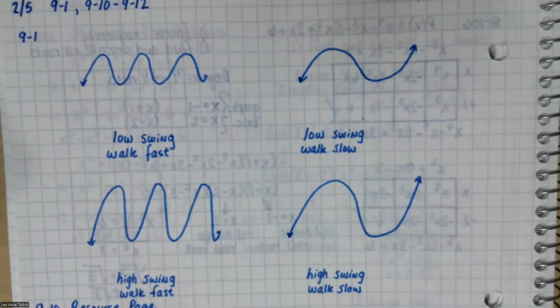You guys go ahead and hopefully you got something like I got up there. So the low swing ones are supposed to be little waves. Walk fast is supposed to be close together waves. Walk slow is supposed to be far apart waves.